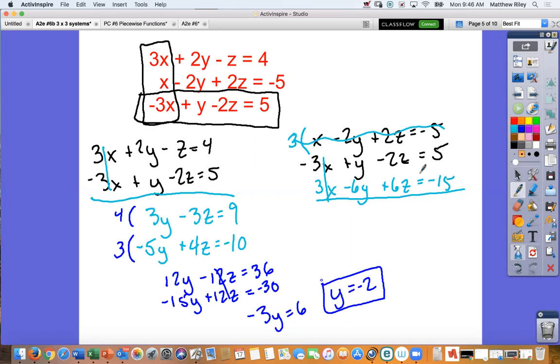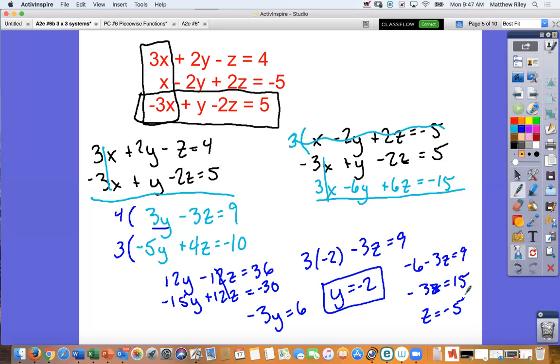I'm going to do this kind of fast. So once I have one, plug it back into one of these. I'll plug it in right here. By the way, about 90% of the mistakes that are going to be made are sign mistakes.